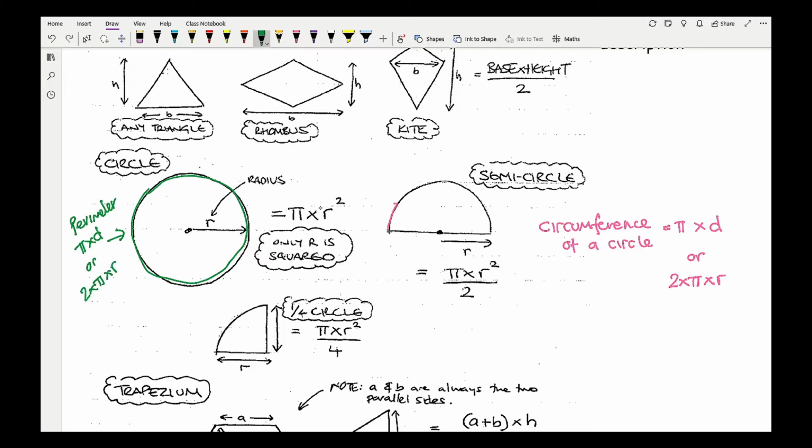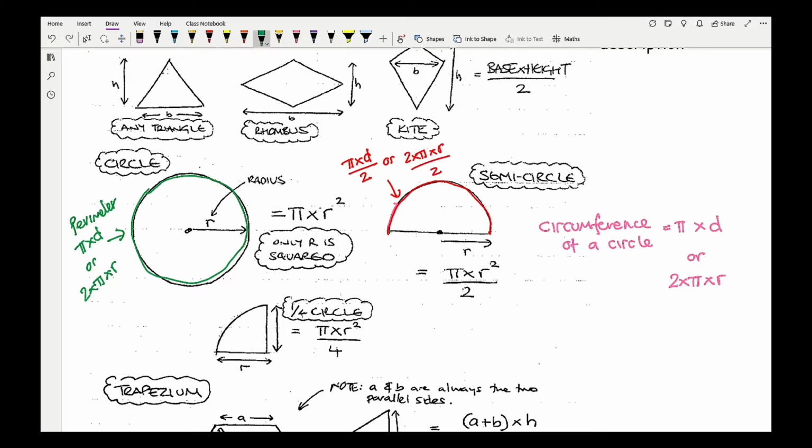Now, if I was to work out the curved section of a semicircle, then this would be pi times d divided by 2 because it's half a circle, or it would be 2 times pi times r divided by 2, which the 2's would cancel, so it'd just be pi times r, but we won't go into that just yet.